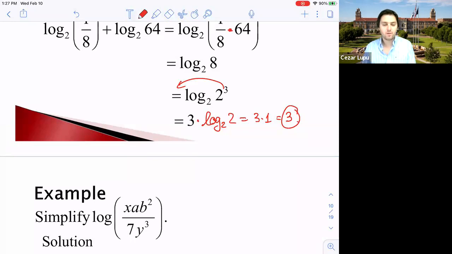Anyway, in this class, you'll learn all the properties of the exponentials and logs, because we will have to operate with them. All right, now let's see. What about this one? We have to simplify this. So what are you going to do here?